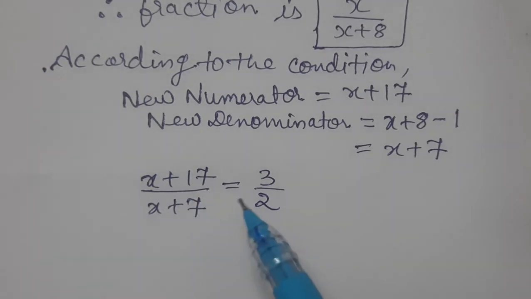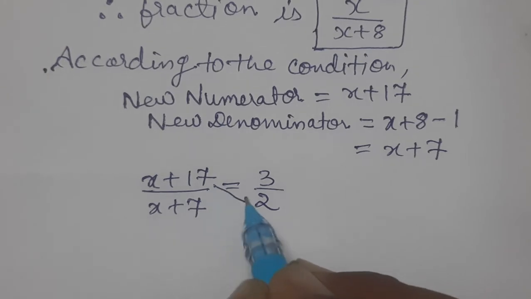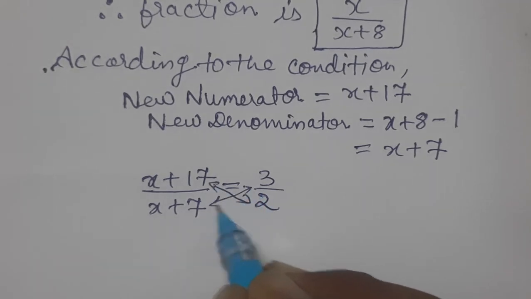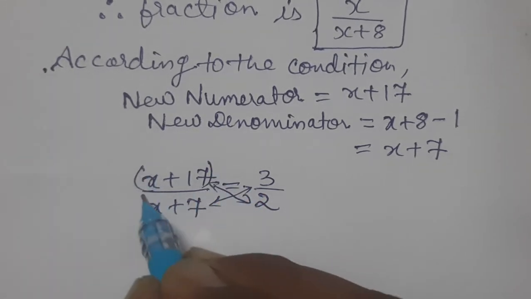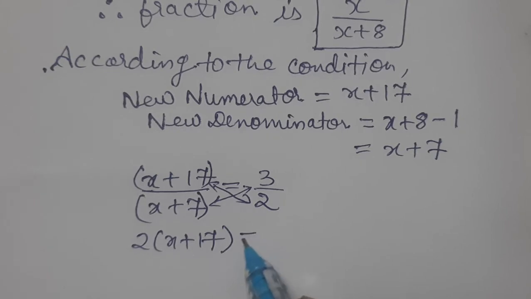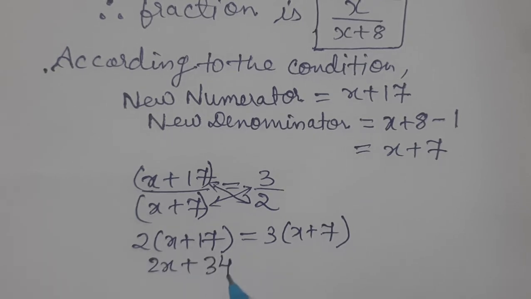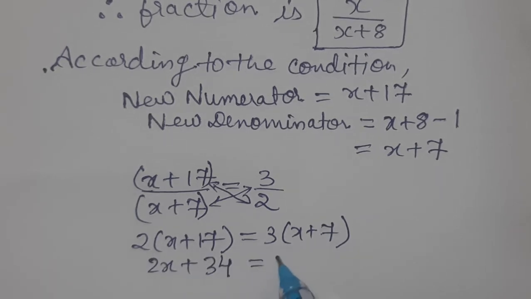Now we have to reduce this equation to linear form. So again, cross multiplying. And when cross multiplying, don't forget to put bracket. Two terms are there. So 2 with x plus 17 and 3 with x plus 7. Now multiplying further, 2x are 2x, 2 17s are 34, 3x are 3x, 3 7s are 21.